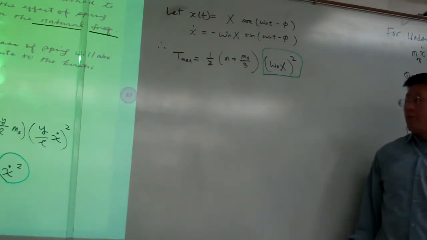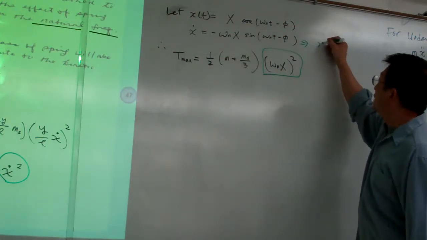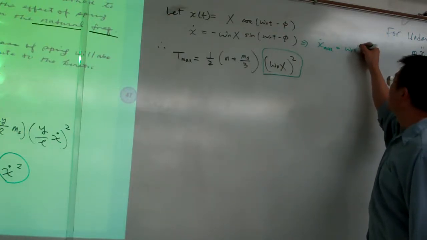The maximum velocity x dot max equals omega n times X.